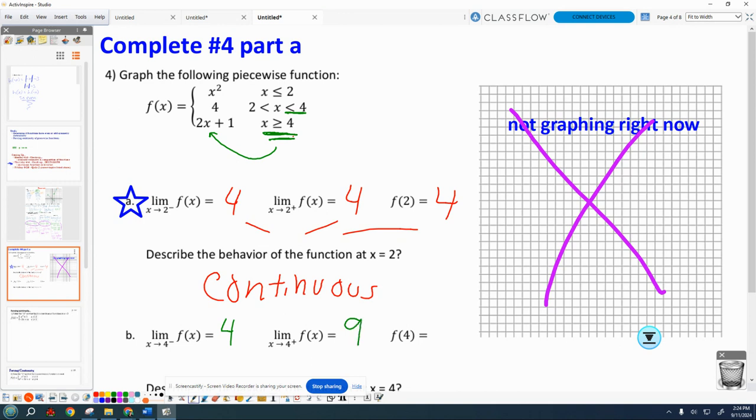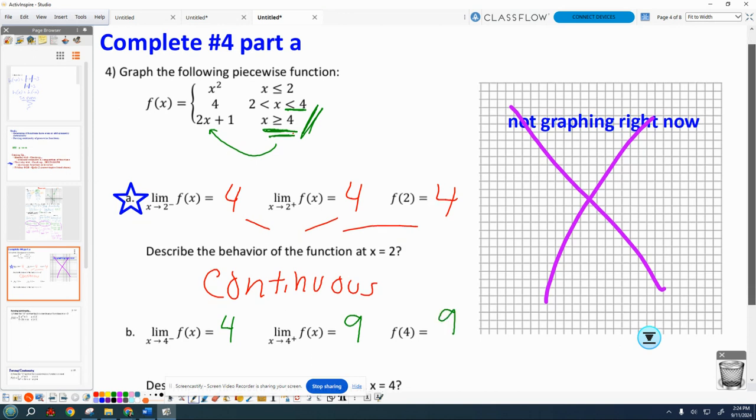At 4, do we have an equal sign on any of them? No equal sign on either of these 4s? Yeah, which one? So what's the value when we plug that in? It's 9. Okay.